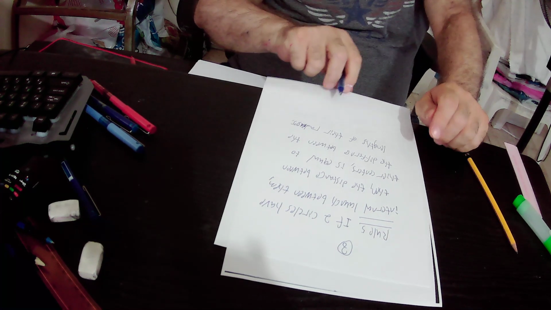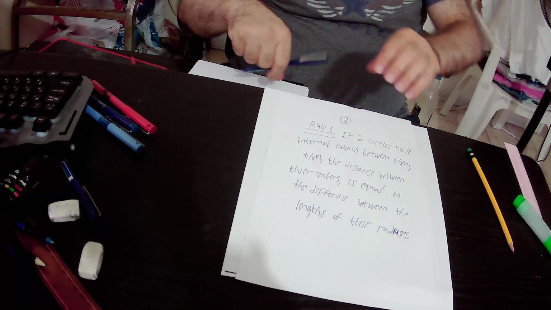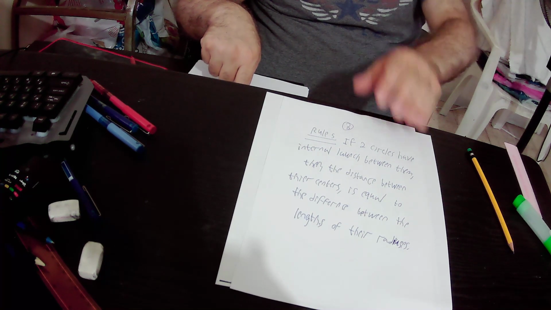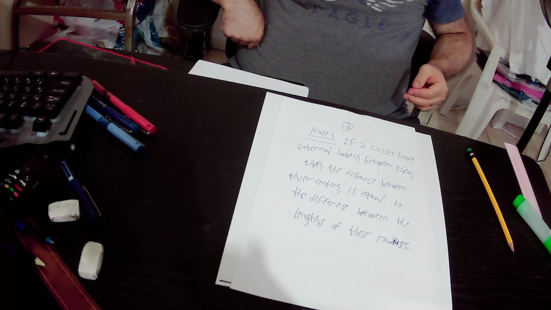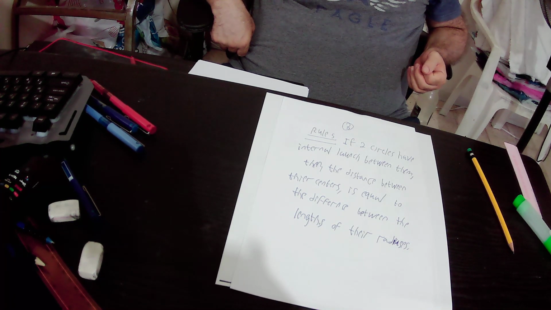So I will read rule number 5 again. Rule number 5 states that if two circles have an internal touch between them, then the distance between their centers is equal to the difference between the lengths of their radiuses.